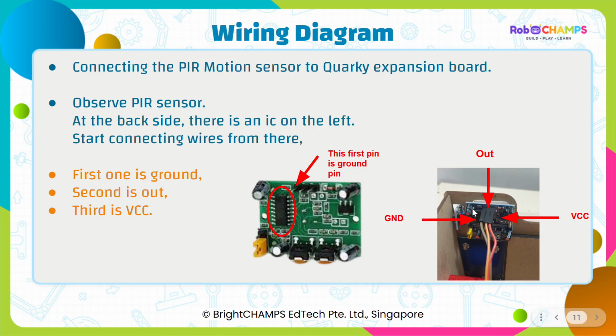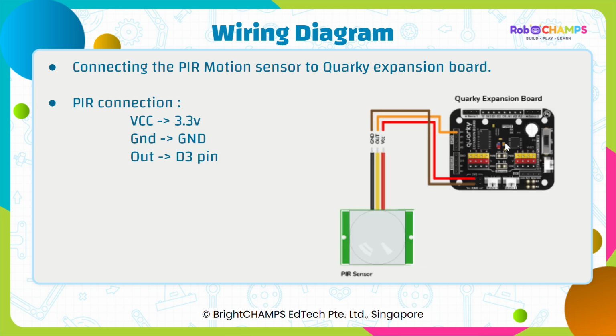So right now, let's talk about the connections. First, we'll connect the PIR sensor. As you see here, the nearest one will be the ground, this is the output, and this is the VCC. We'll connect it to the Quarky expansion board. We'll connect the ground to the ground here.